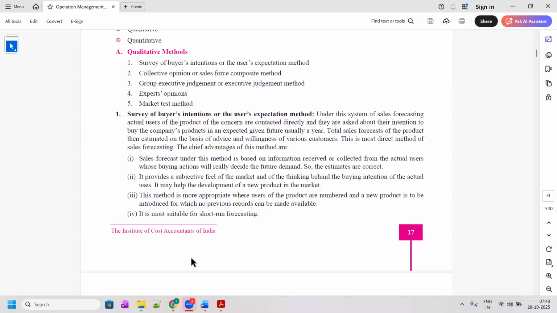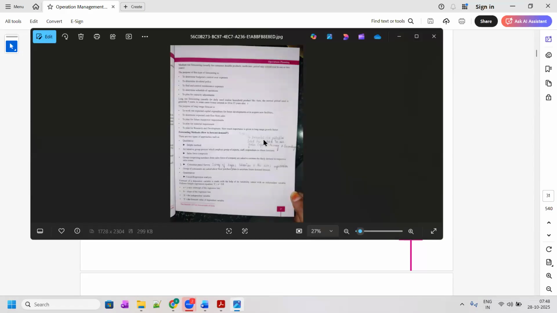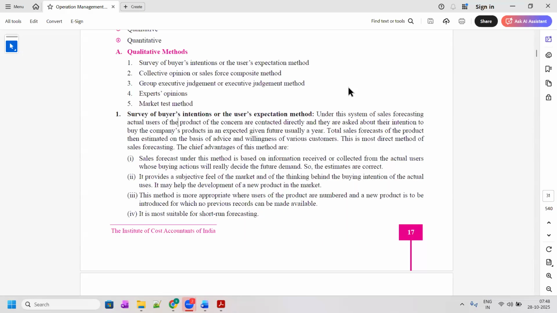In this, they have told under qualitative there is some Delphi method, Salesforce composite, and consumer panel survey. The thing which you are explaining now, we don't have that in our book. Which book, the one given by Apta?